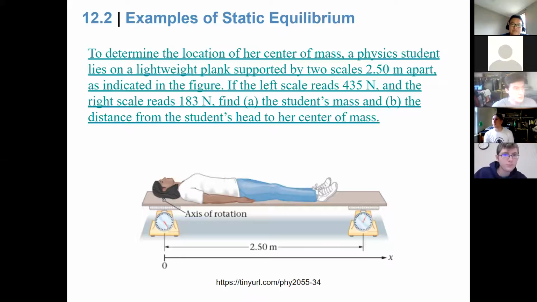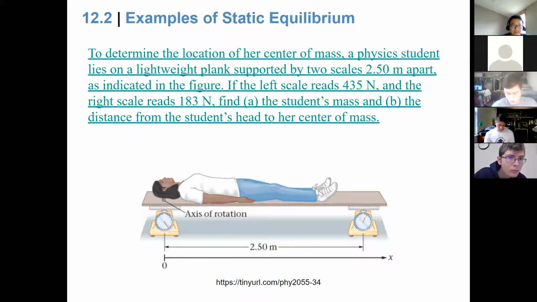As indicated in the figure, the left scale reads 435 newtons and the right scale reads 183 newtons. Find A, the student's mass, and B, the distance from the student's head to her center of mass.